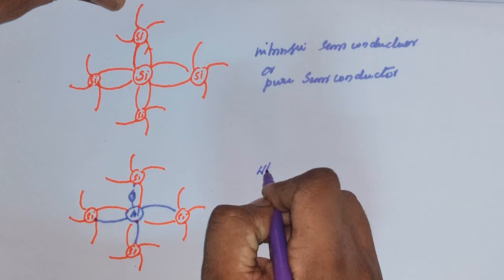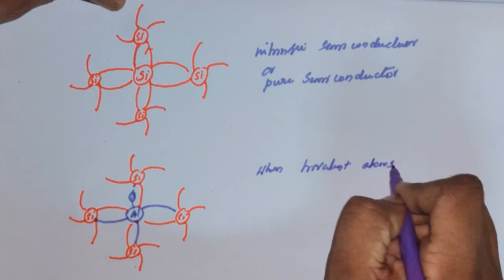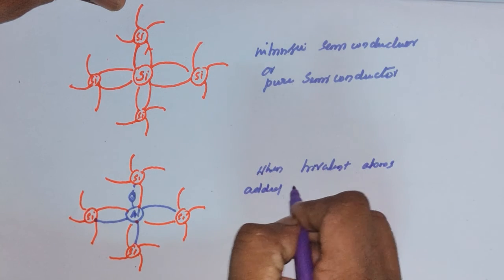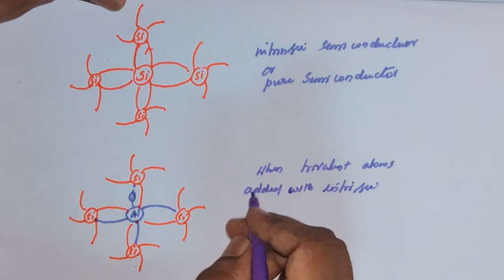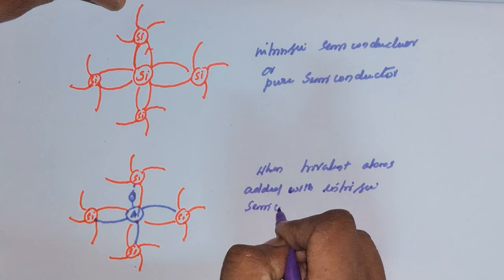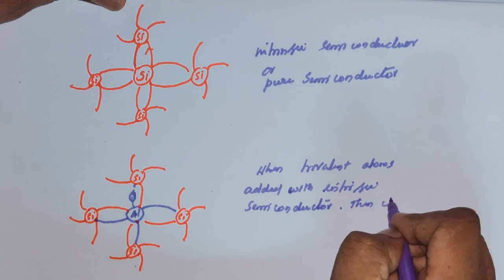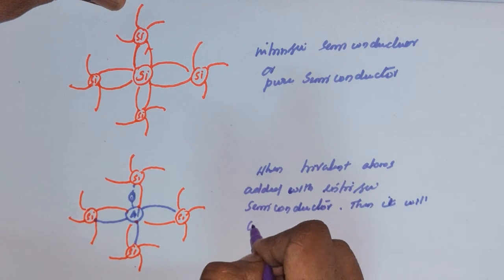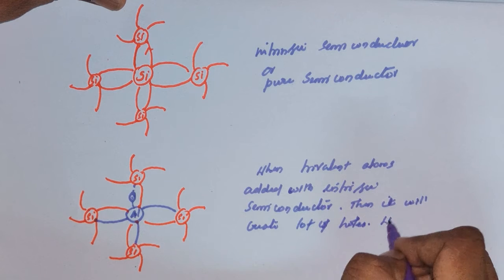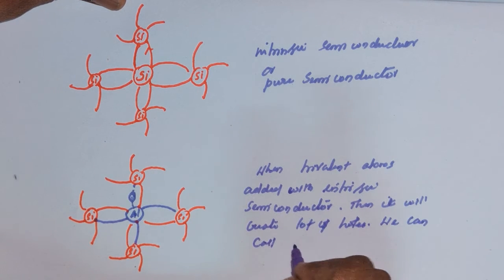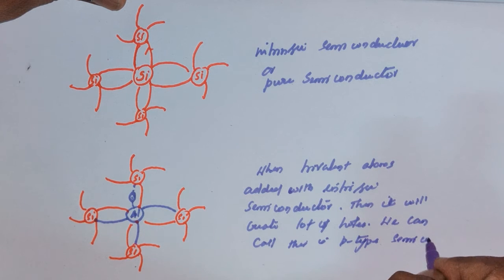So when trivalent atoms, meaning atoms with 3 valence electrons, are added as dopants to the intrinsic semiconductor, it will create a lot of holes, that means vacant positions of electrons. We call this a p-type semiconductor.